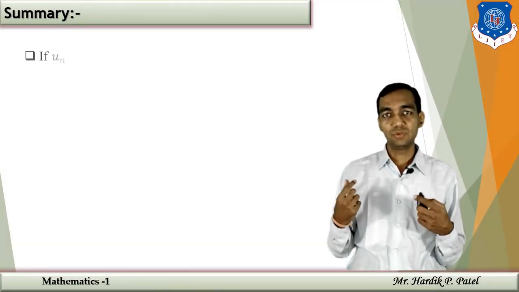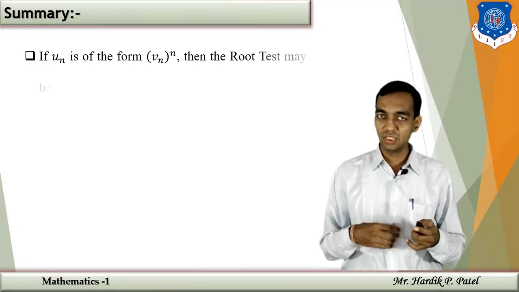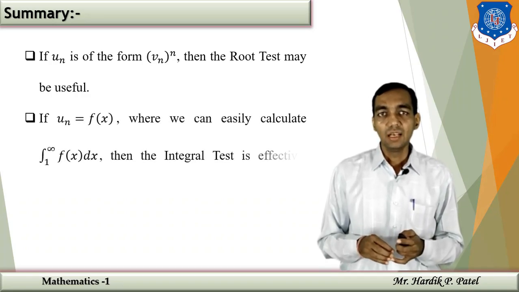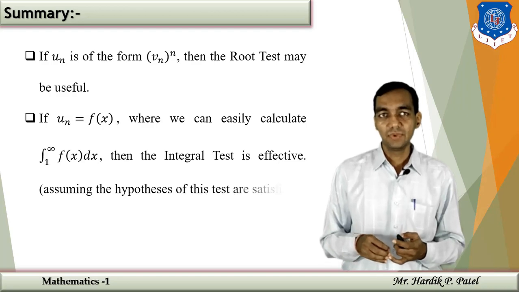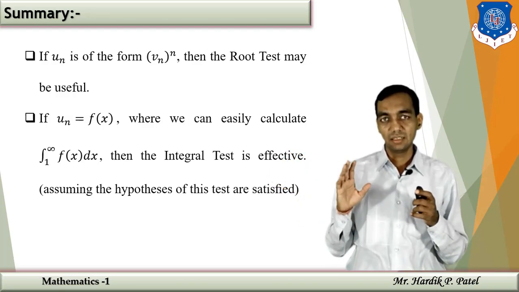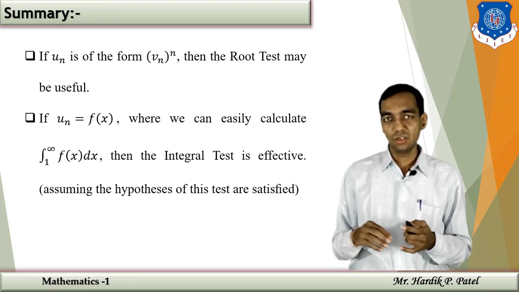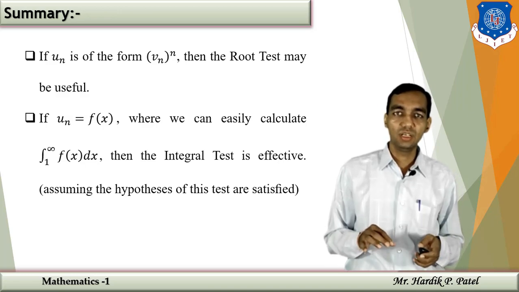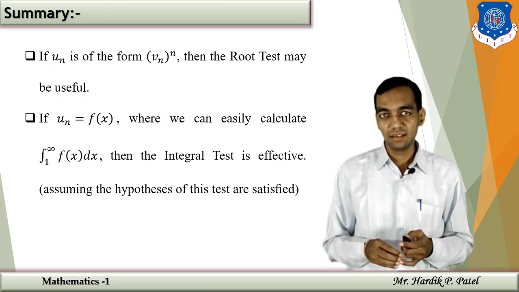If something raised to n is there, then the root test is applicable. And the conditions of both of them are the same. And the last one is, if un is equal to f of x, that means your function satisfies the conditions of the integral test and integration is possible. In that case only we are going to apply the integral test.